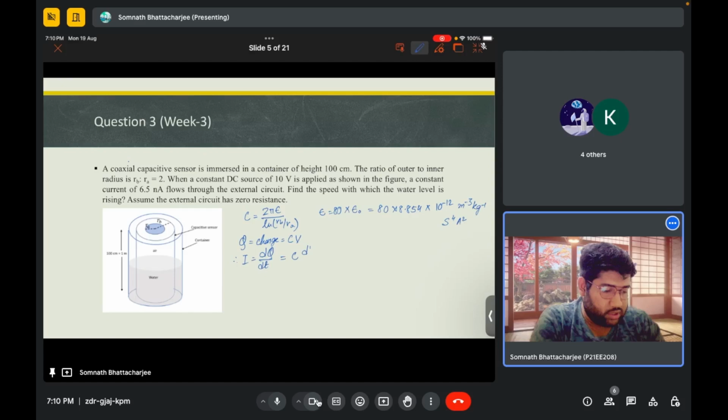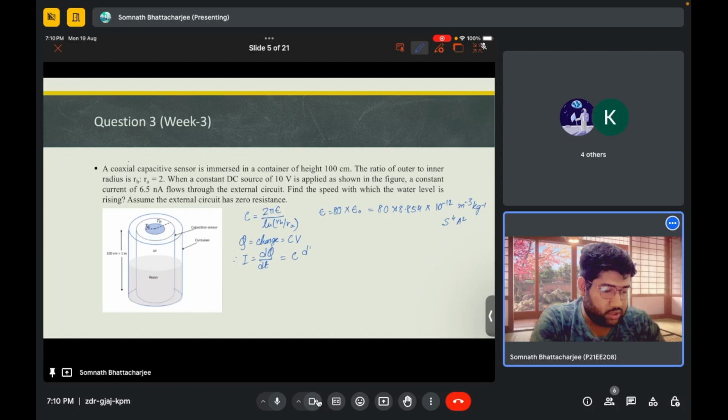So eventually I equals V into dC/dt. From the question we know the value of I, that is 6.5 nanoamperes. So putting everything in the equation, 10 volt DC into dC/dt equals 6.5 nanoampere.